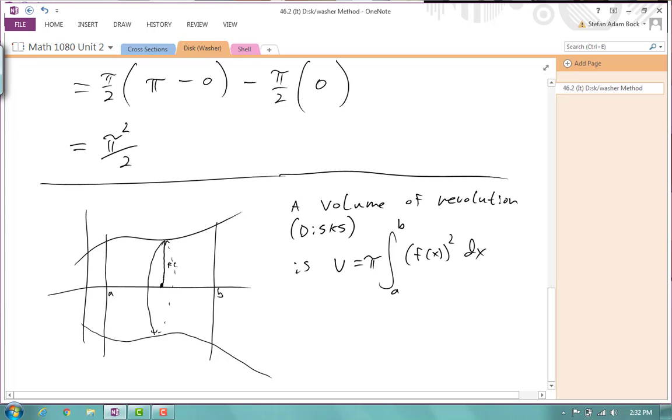So these heights, or these radii, are all function values. And the area of each slice is pi times the radius squared.